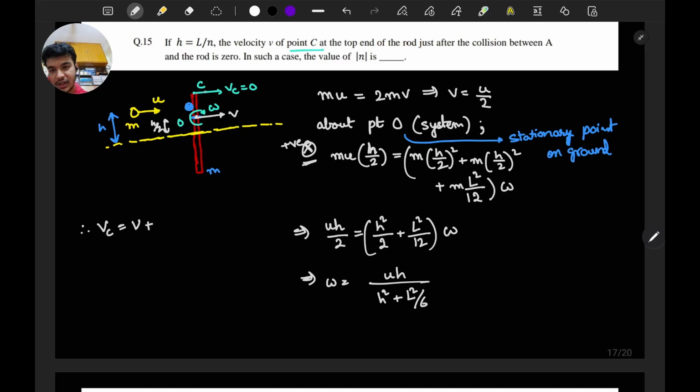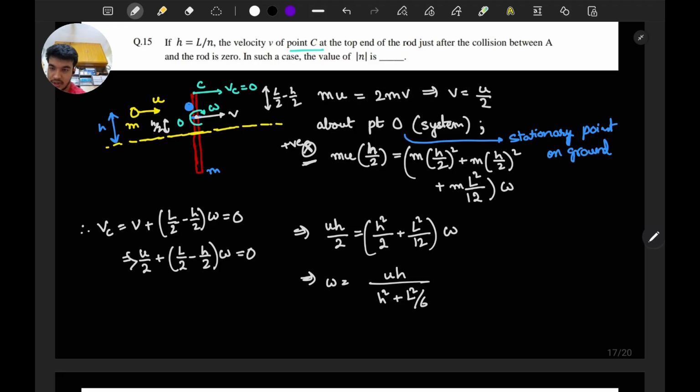This length right here is L by 2 minus h by 2, right? So it is L by 2 minus h by 2, into omega. Now V is u by 2 plus (L by 2 minus h by 2) omega, which must be equal to 0 as per the question.